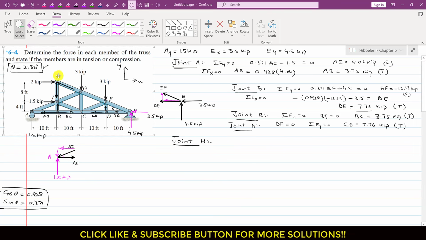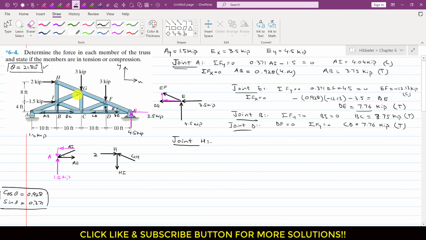So now if we consider this as a free body diagram, here we have that 2 kip force as well, right? Let me put it here. So we have that 2 kip force acting in this direction as well, right? This is the external force, right?